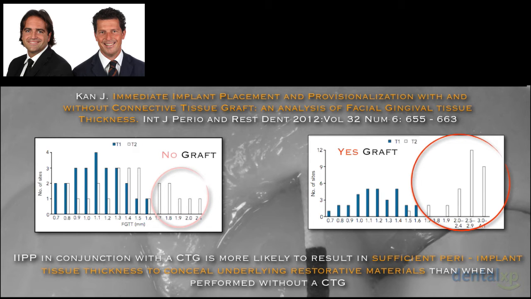And this is very important also if we remember the Jung articles, in which he gives 2 millimeters as a threshold to not have the perception of what is underneath the tissue, so to camouflage as much as we can the abutment and the implant underneath the tissue. So we think that this protocol is working.